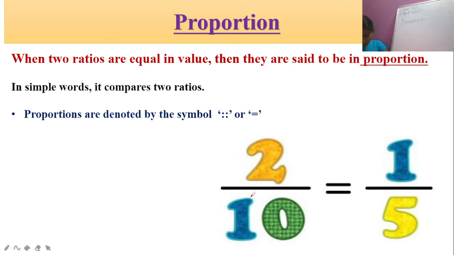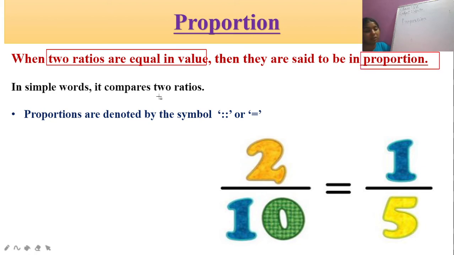So students, the topic we are going to discuss today is proportion. When two ratios are equal in value, then we can say they are in proportion. So in simple words, we can compare two ratios, right?